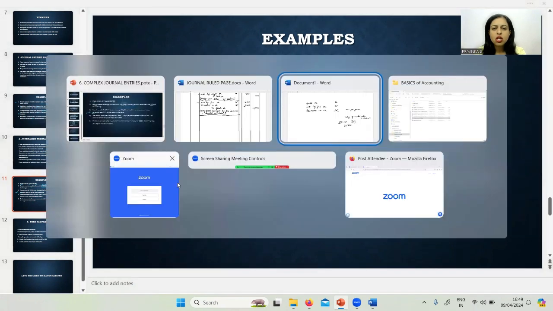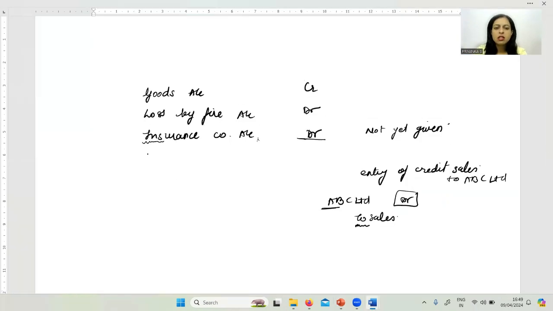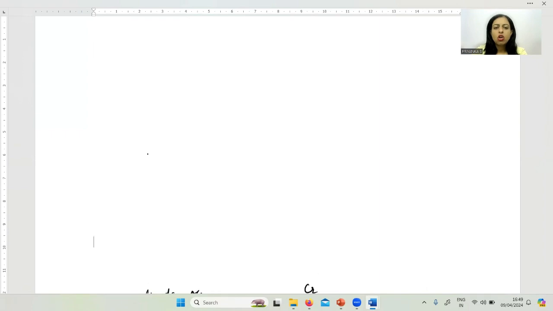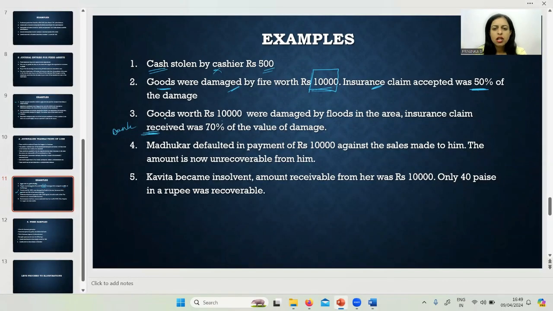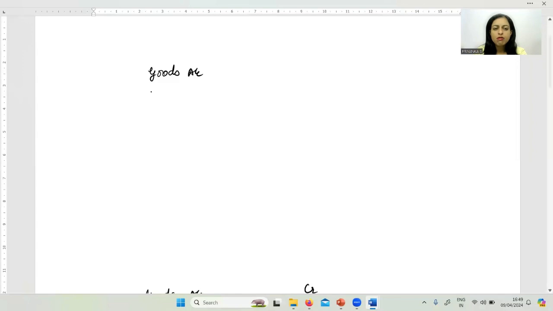Now let's see which accounts are involved in this case. First of all, you will have the amount of goods. What is damaged? Goods. How were they damaged? By floods, so loss by flood account. And third one, do we write here insurance company? No, we will write here bank.